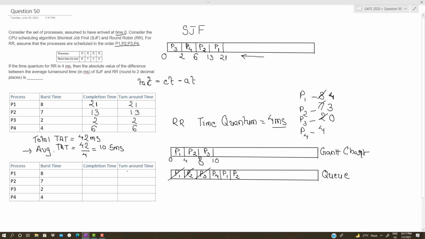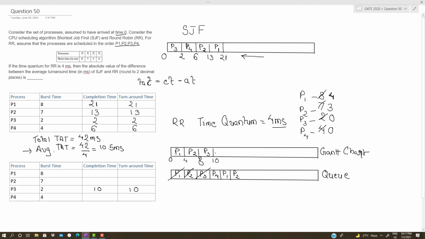So we know that P3 completion time is 10 milliseconds. So its turnaround time is also 10 milliseconds since the arrival time is 0. Now P4 will get a chance to execute.